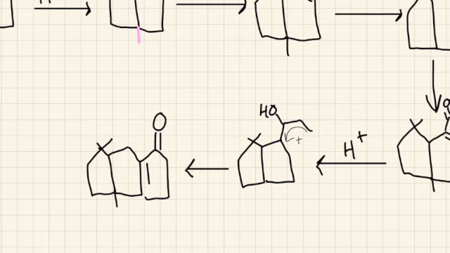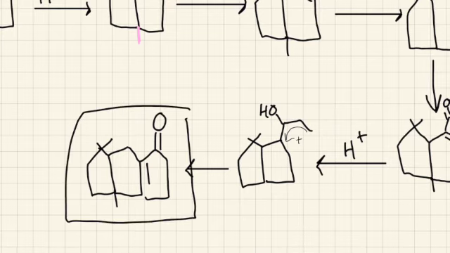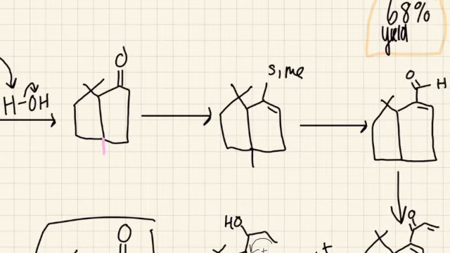The goal of this was to create this, which they would use to get to the desired product. So from here, this step worked. This was adding the copper lithium reagent in a Michael addition way.